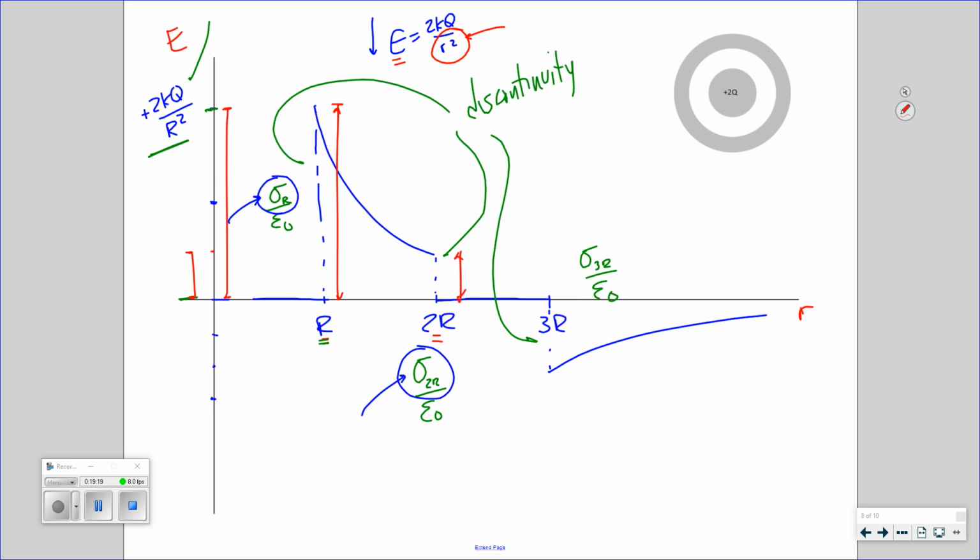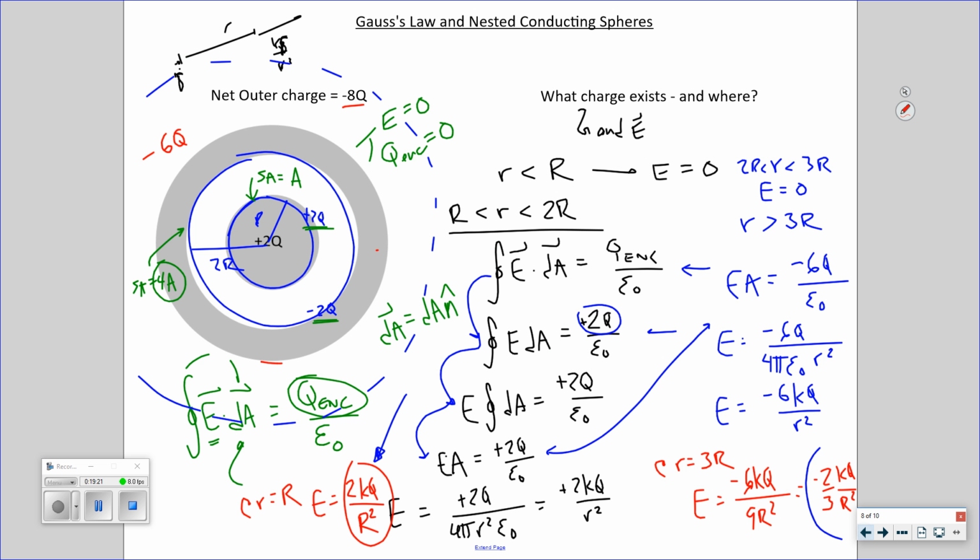And you can show the same thing here. I'll just say it. There's 3 times the charge out here. The sign doesn't matter. 3 times the charge at 9 times the surface area. That's a charge density of 1/3 as much as here.